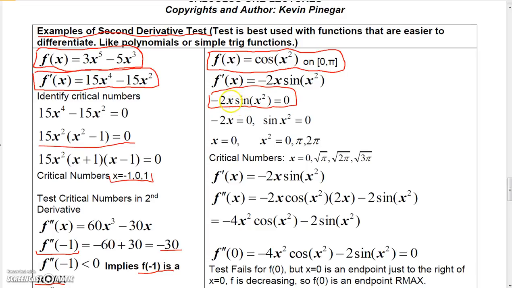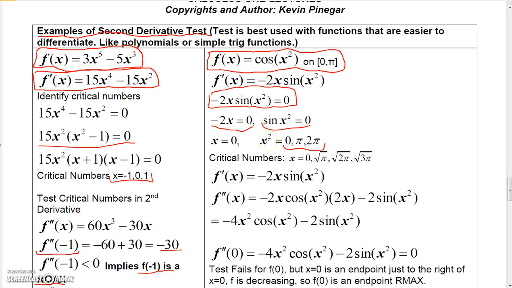So the critical numbers can be found by setting minus 2x equal to 0 or sine of x squared equal to 0. Well, for sine to be 0, the argument would have to be either 0, pi, or 2 pi. So x squared has to be equal to 0, pi, or 2 pi.